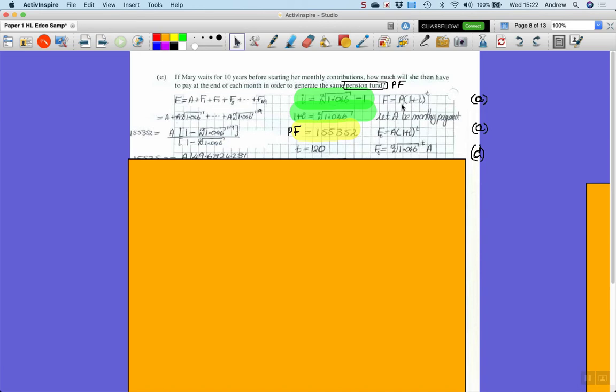At the end of each month, she's going to be paying a certain amount of money. So that's the A. So now we can end up with this formula here. Because we know what 1 plus i is, I'm substituting for 1 plus i in here and raising it to the power of t to match that formula.